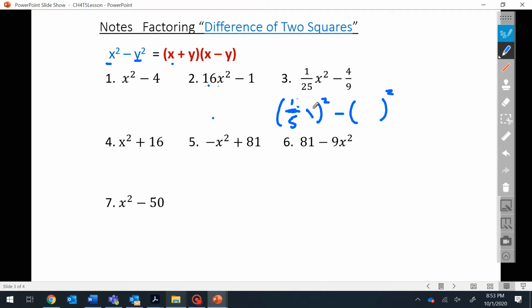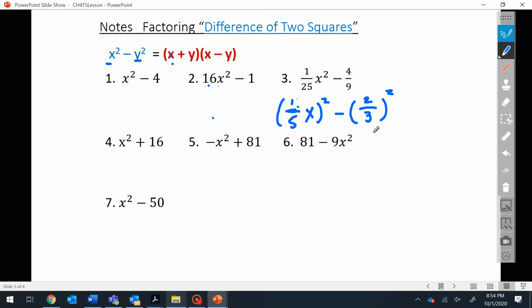And then x, because x squared is x squared. So in this example, the x is 1/5 x. Over here, to get 4, the numerator would be 2, because 2 squared is 4, and the denominator would be 3, because 3 squared is 9. So for my difference of squares, my x value would be 1/5 x, my y value would be 2/3.